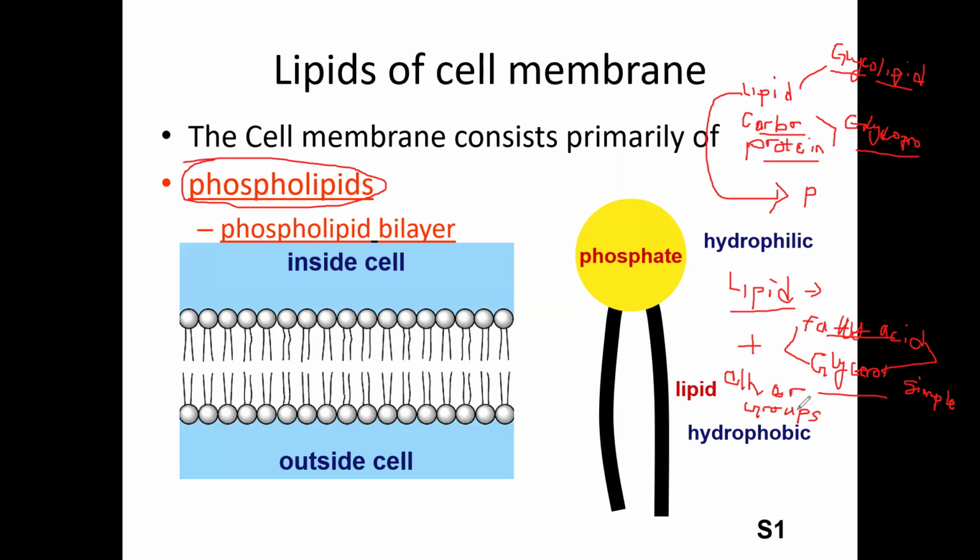So those kinds of lipids that have other groups apart from fatty acid and glycerol are called complex lipids. But most of the lipids found in the cell membrane, as I said, are in the form of glycolipids and also the complex lipids.